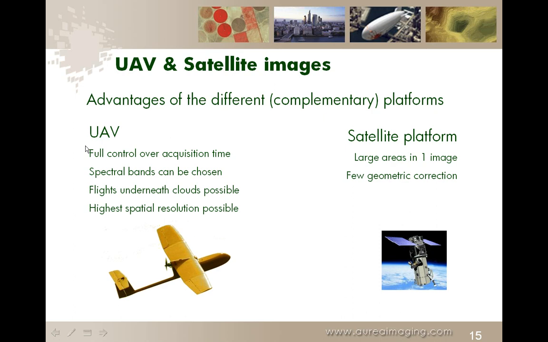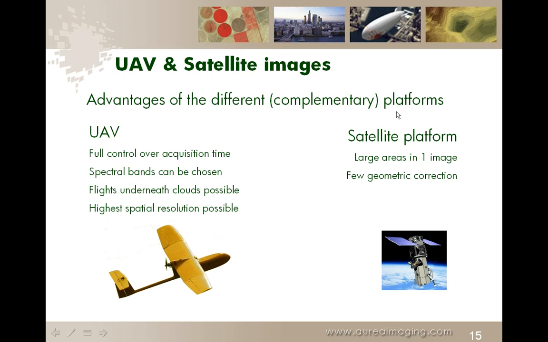Well, we have full control over the acquisition time. We can choose the spectral bands, which we know now can be reduced actually to 4, being the green band, the red edge band, and the near-infrared band, and optionally a thermal camera. Flights can be done underneath the clouds, and of course we have the highest spatial resolution possible.